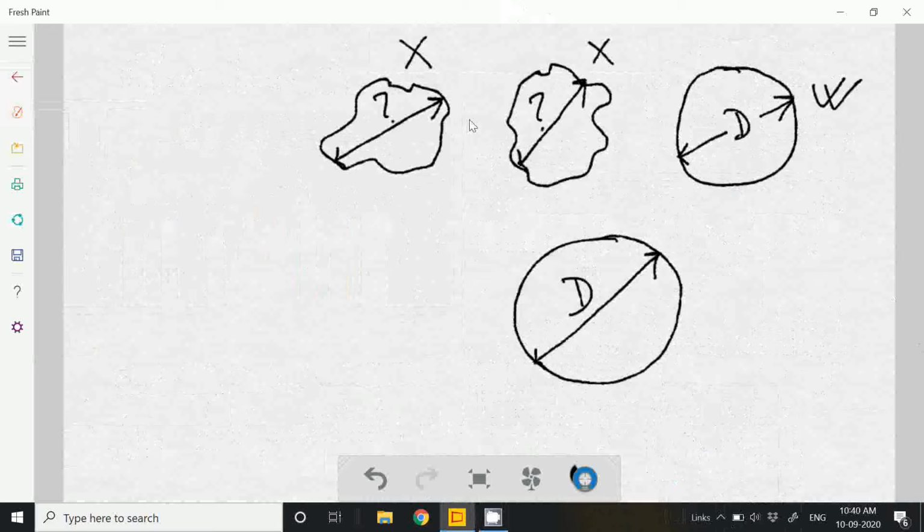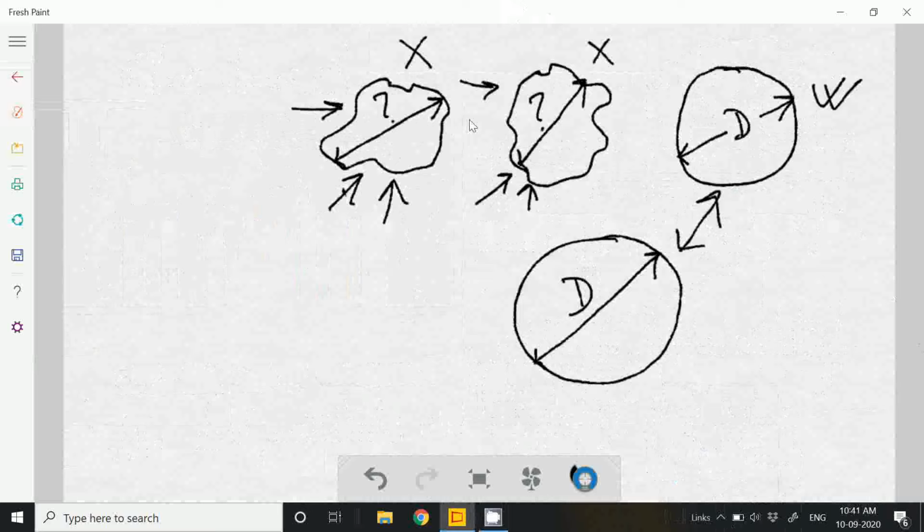So you may think that the classification is given in the form of diameters, but the soil particles may be like this or this. Then how can we find the diameter of these? Because soils will be mostly like this. You cannot expect them to be like this or this, isn't it?